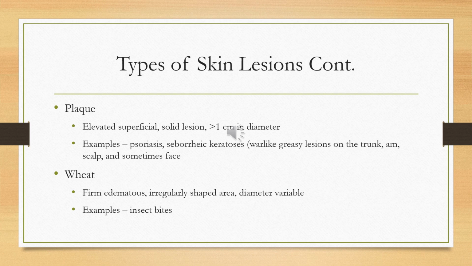Other types of skin lesions might be like a plaque or wheal. A plaque would be an elevated lesion that's greater than 1 centimeter. So like when we talk about psoriasis, that would be considered a plaque. A wheal would be firm, edematous, and that might be like an insect bite or something like that.